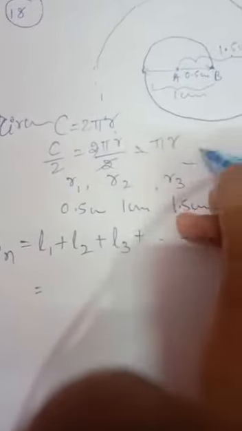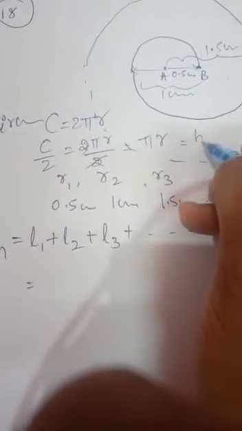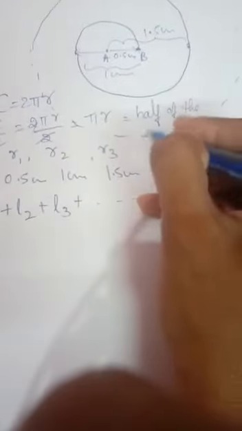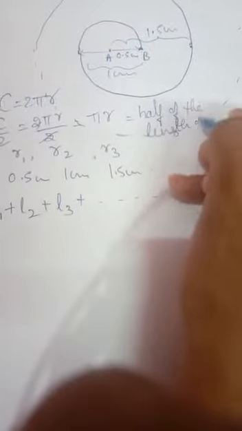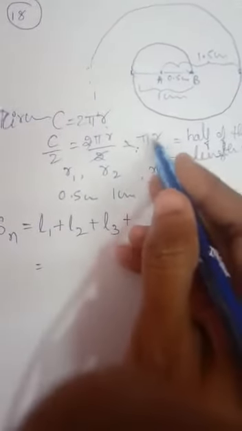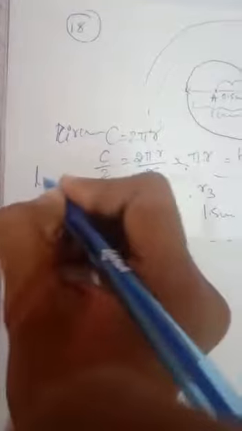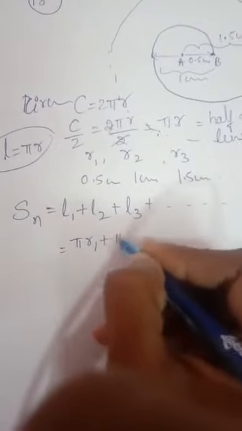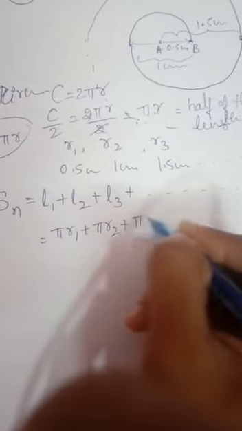Therefore, the length of a semicircle L is equal to pi r. Therefore, the total length is pi r1 plus pi r2 plus pi r3 and so on, up to pi r13, the 13th semicircle.